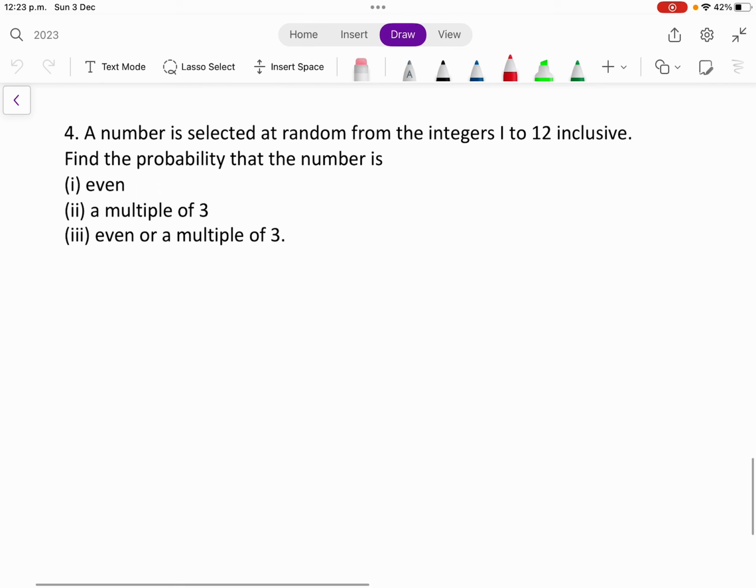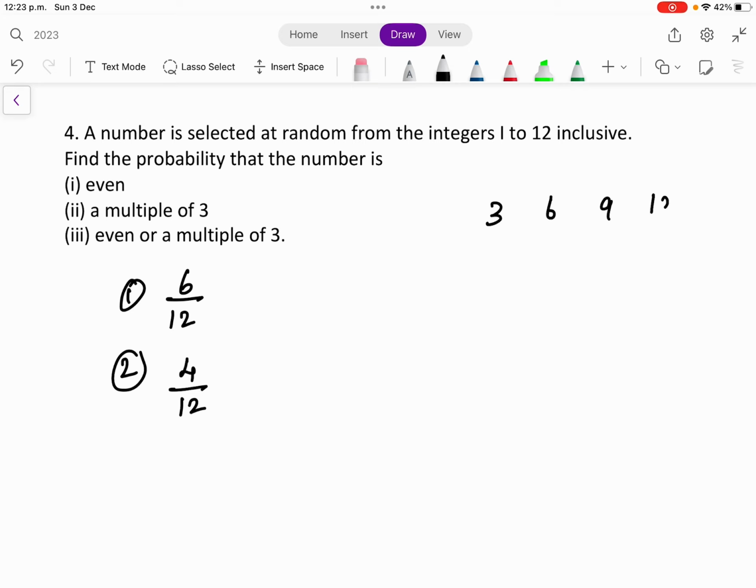Find the probability that the number is even. So the even number probability is 6 over 12. And the multiple of 3: how many multiples of 3 are there? There will be 4 multiples of 3, right? 3, 6, 9 and 12. So it is 4 over 12.